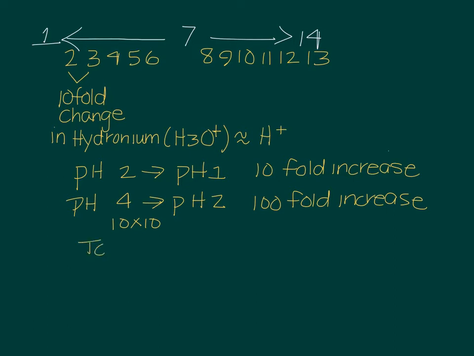So toward the left is an increase. If I go toward the right, it's a decrease. So if I go from a pH of 9 to a pH of 10, that is a tenfold decrease in hydronium because you're becoming more basic.